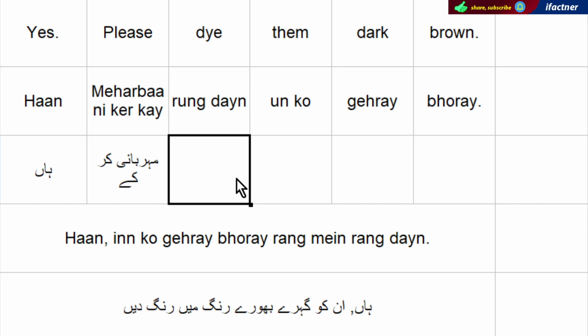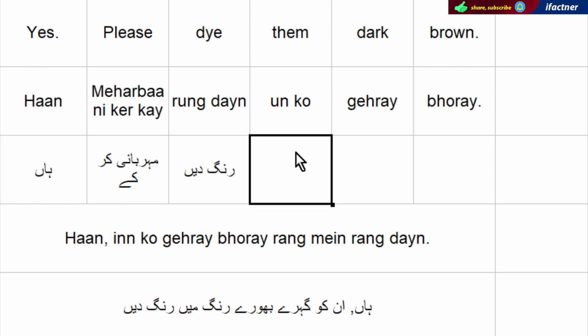Dye is रंग दें, and we can type rang as re, noon, gaf, rang, and they as dal, ye and nunna. रंग दें. Them is उनको, alif पेश नून उन, and ko is काफ वाव को.